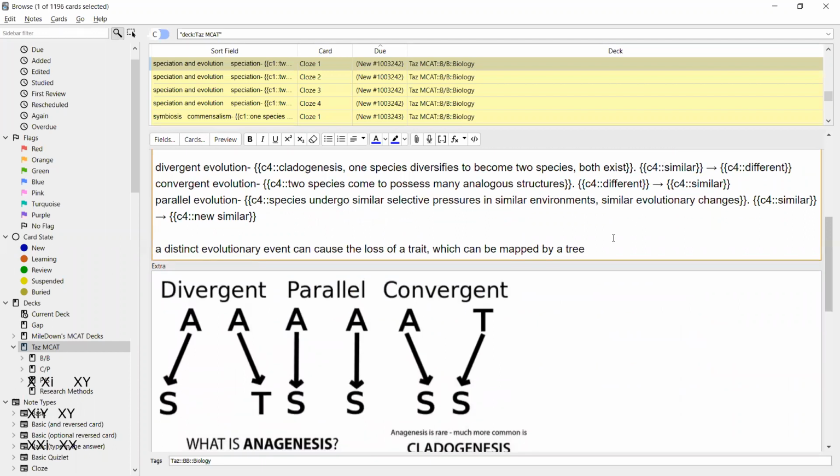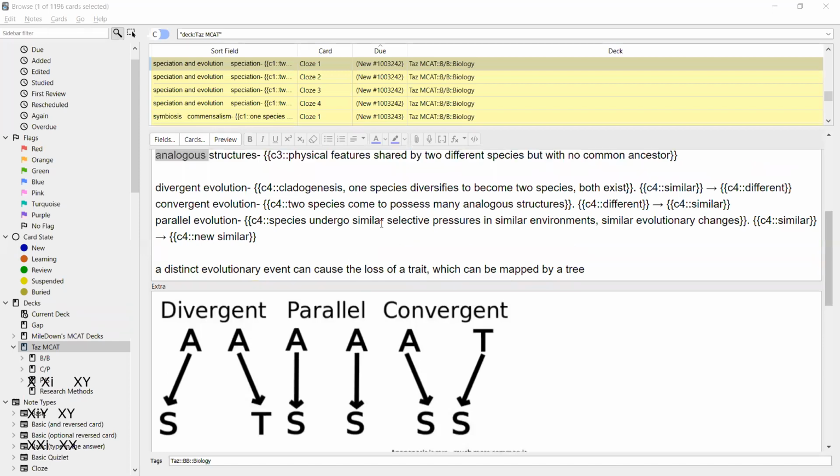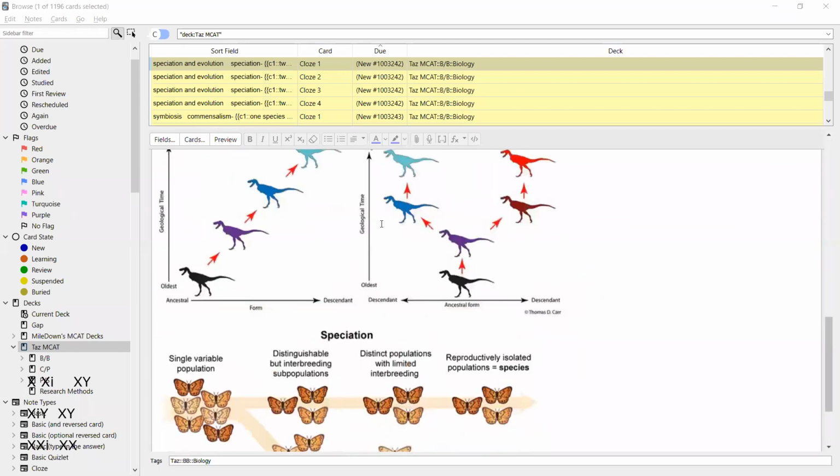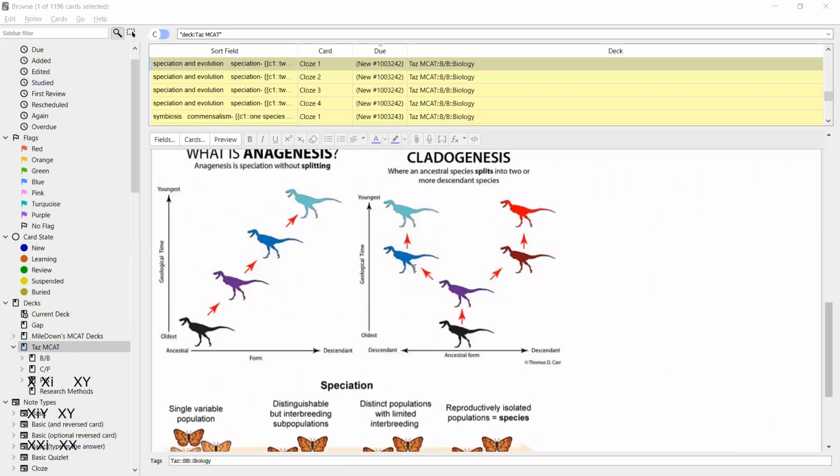Okay, good. And now this last main thing that we have to talk about here is the different kinds of evolution. So we have divergent, parallel, and convergent evolution. In divergent evolution, this is what is cladogenesis, as we saw here, because this purple one diverged into two different species.